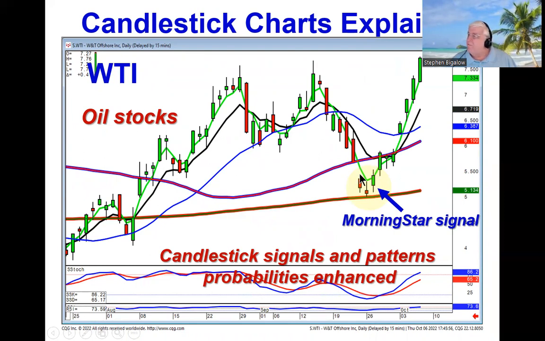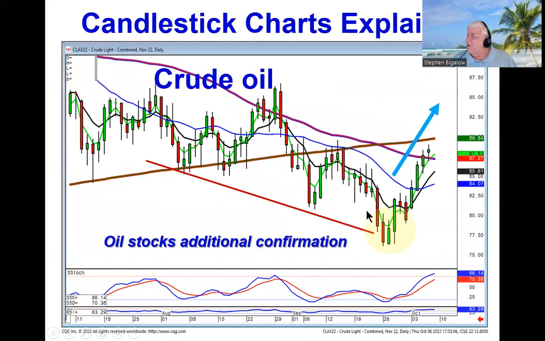So if you see buying, what can you do to confirm that this is the time to be buying? There are other confirming indicators, like seeing what the crude oil chart is telling you. They're starting to buy crude oil at these prices right here at the bottom of this channel.